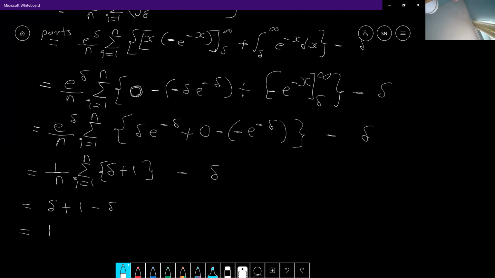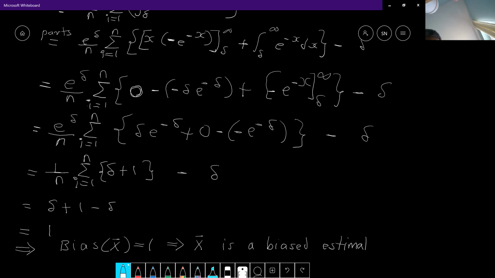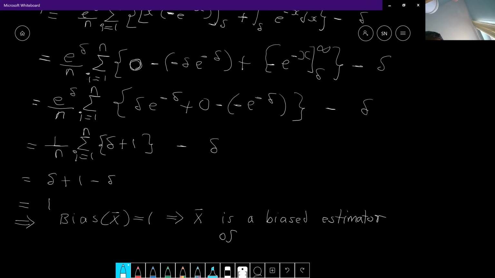All right, so we have shown that the bias of x bar is equal to 1, which implies that x bar is the biased estimator of delta. Okay, so that's part 1 of question 3.